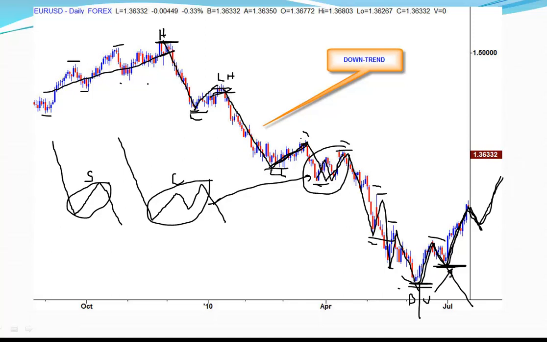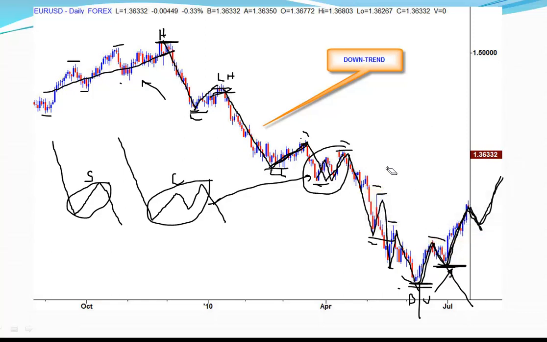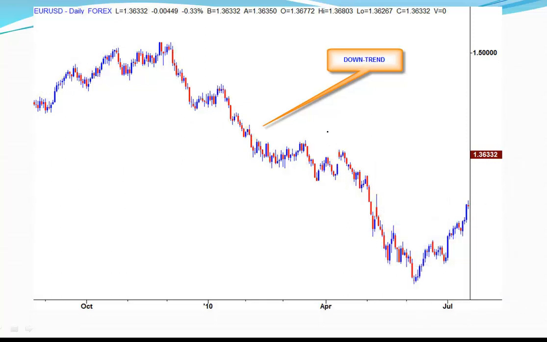Just like you saw here, same process. Sometimes it's pretty, sometimes it's not so pretty. But at least we understand what a downtrend looks like in this particular instance.